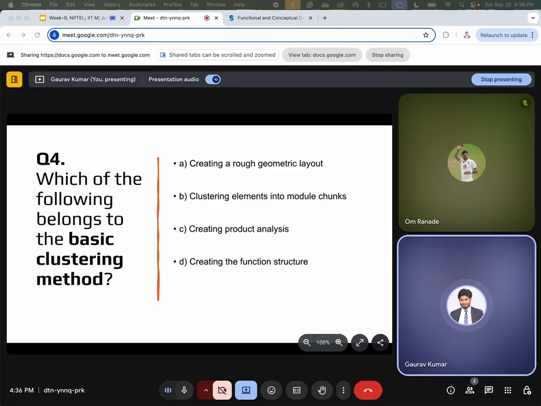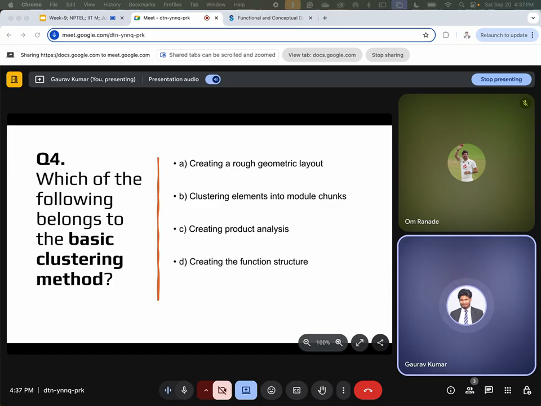So basically the clustering method is a systematic approach to identify modules within a product, and it begins with creating a function structure which breaks down the product into smaller manageable sub functions. So this sets the stage for modularization.